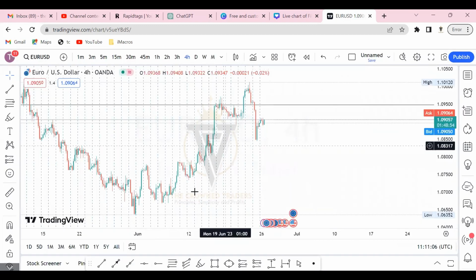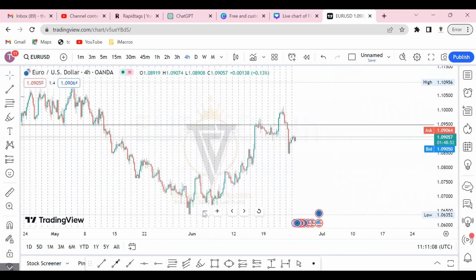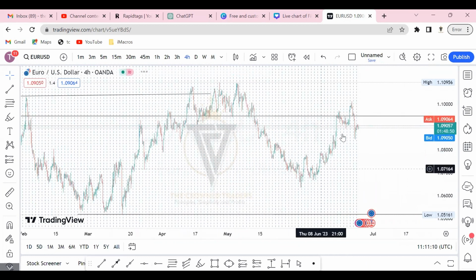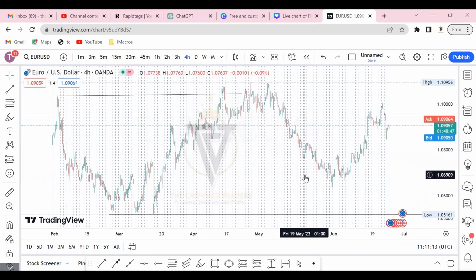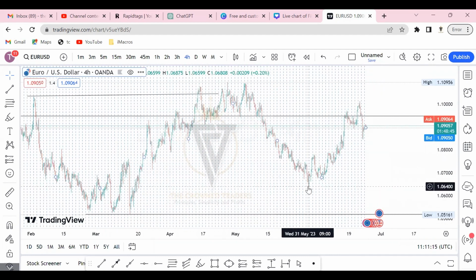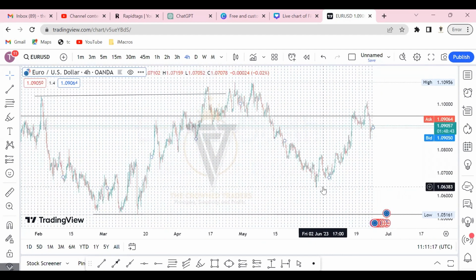So how do I do that? My Fibonacci also has to play a major role in that, because there are micro structures and there are micro structures.